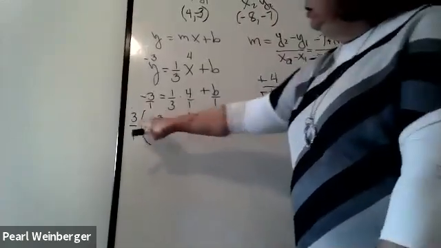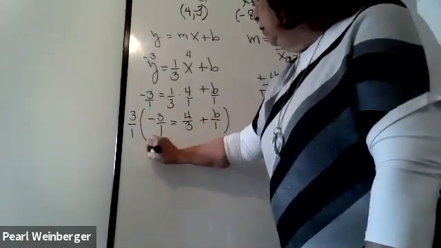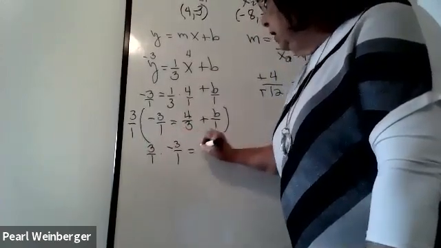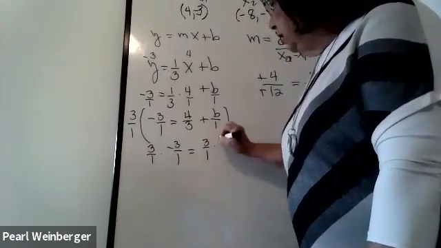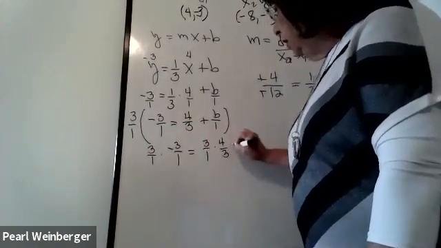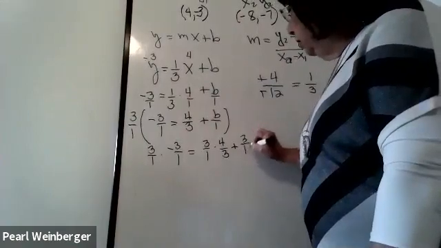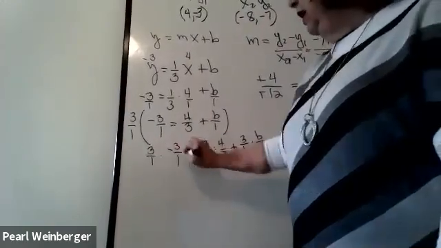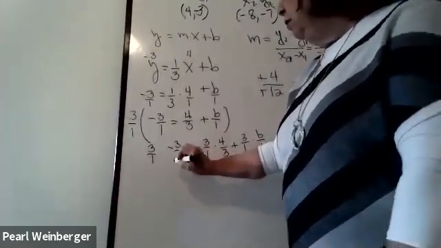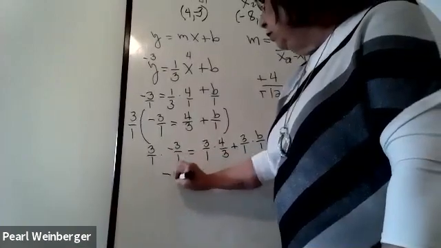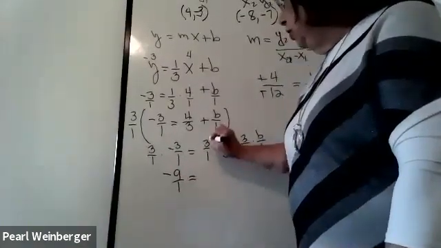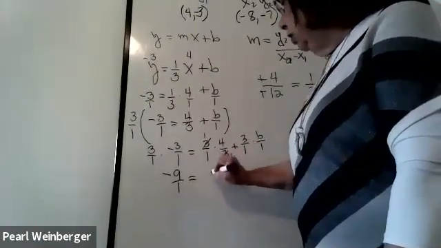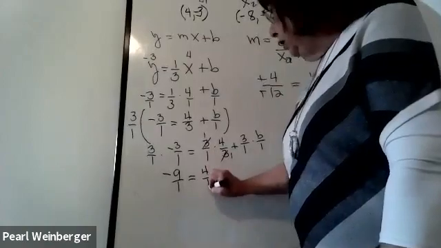Now, when I distribute this, this becomes 3 over 1 times -3 over 1 equals 3 over 1 times 4 over 3 plus 3 over 1 times b over 1. And here, nothing cancels out. 3 times -3 is -9 over 1. Here, the 3s do cancel out, and I have 1 times 4, so it's 4 over 1.